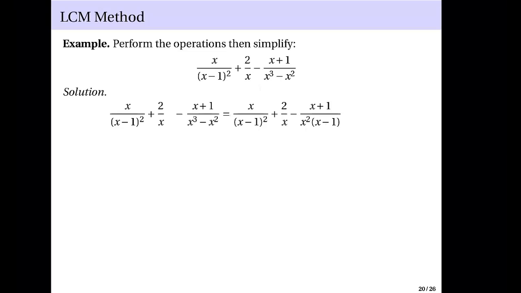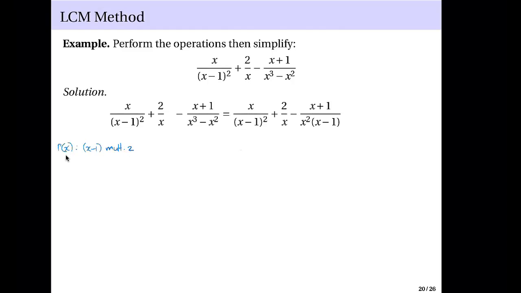For P of x, the factor is just x minus 1, but with multiplicity 2, so (x minus 1) squared.